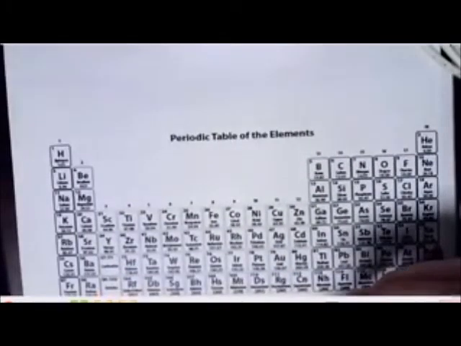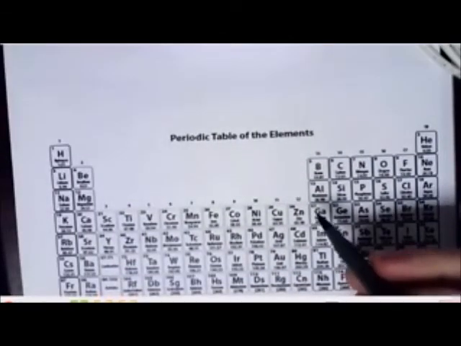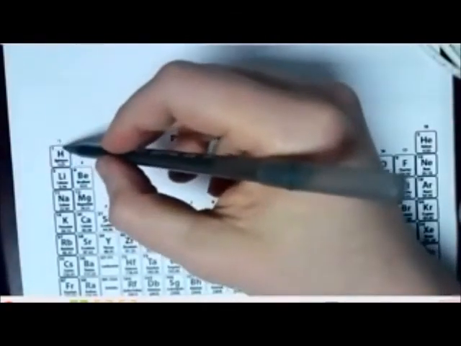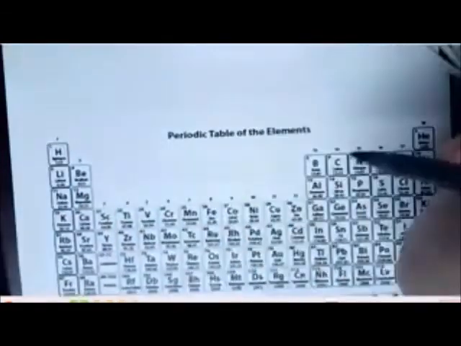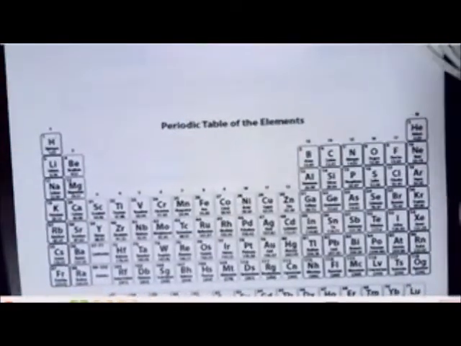What is the most common charge of the following elements? The easiest way to do this is look at our periodic table and count our numbers over. What is the charge of this one? You're either going to the left or to the right to get to this column. So aluminum is group 3A or 13.